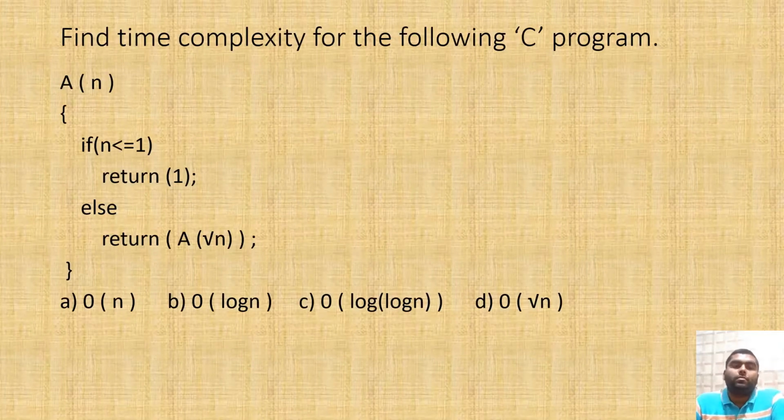The very first one is: find the time complexity for the following C program. What is written is A of n. This is a function, and obviously a recursive function.